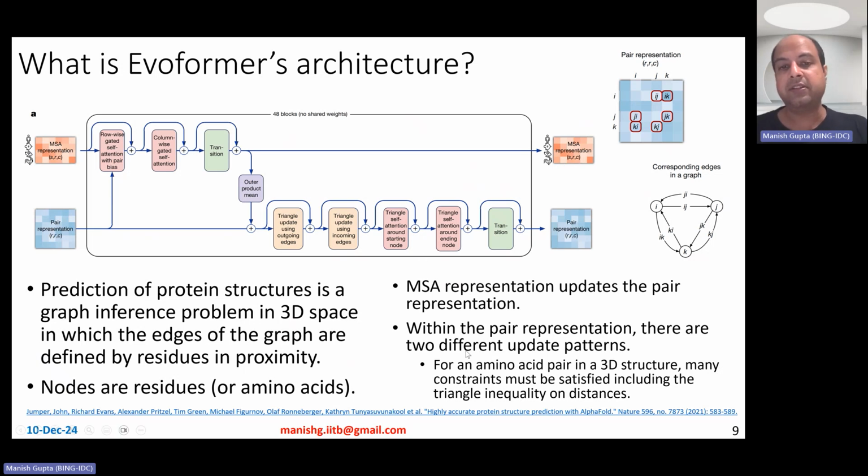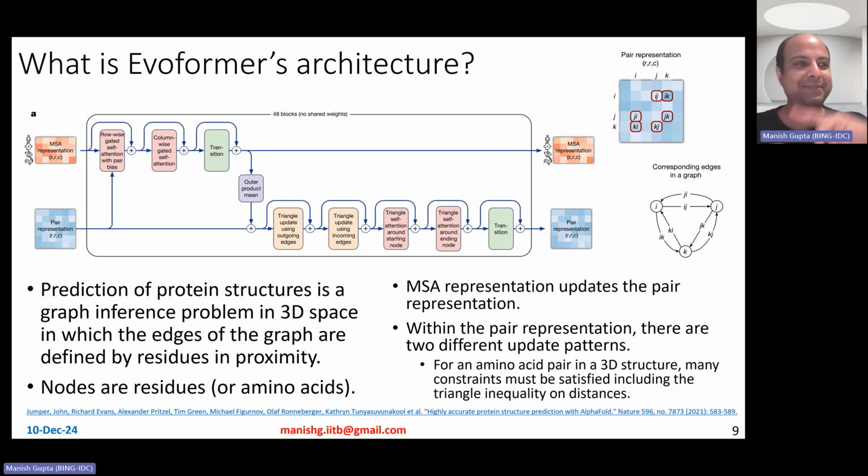So for an amino acid, if you see these paired representations, what do they do? Broadly, what are these layers meant to do? These layers are meant to ensure that the final representation you get enables you to come up with a 3D structure which follows physical constraints. For example, the triangle inequality should be satisfied. If you predicted that the distance between the carbon and nitrogen atom should be this, the carbon and C alpha atom should be that, and the N and C alpha atom should be that, of course, they should make a triangle.